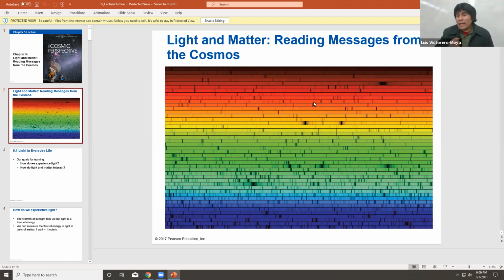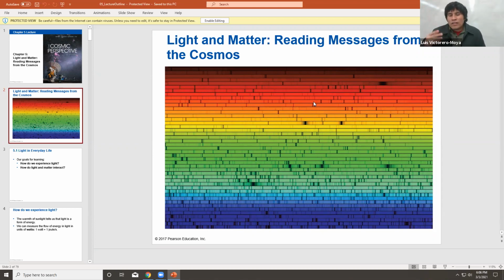The spectrum doesn't look like this, by the way, right? If there were no gaps, this would be a nice continuum spectrum, like the rainbow that you can see when there's rain during a sunny day. So these gaps, we now know, are due to the atoms in the atmosphere surrounding different stars.